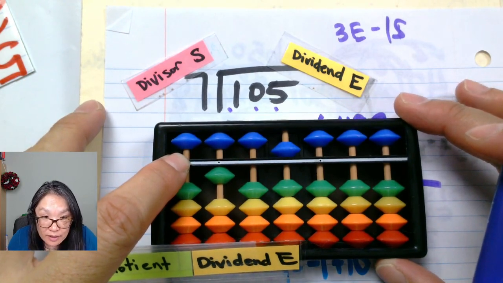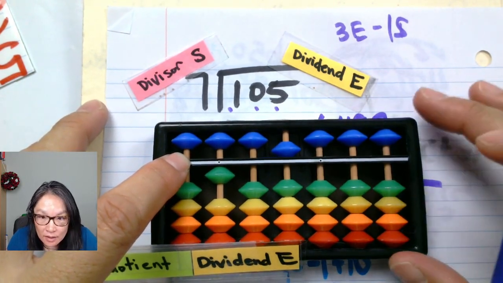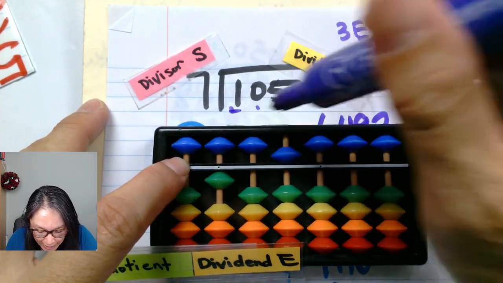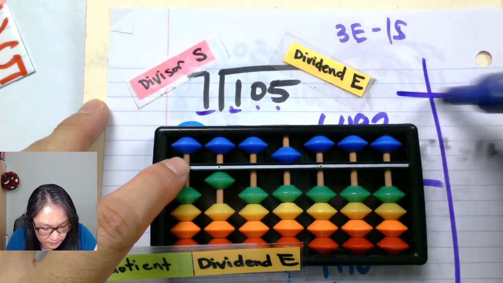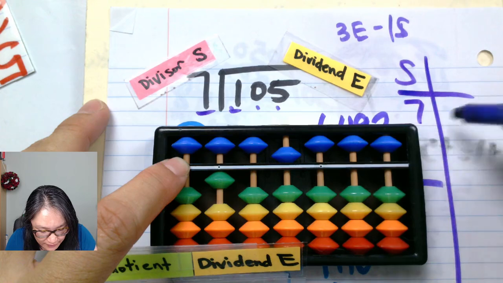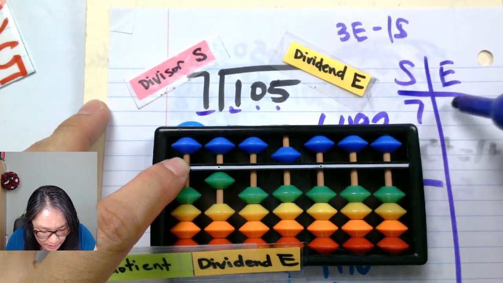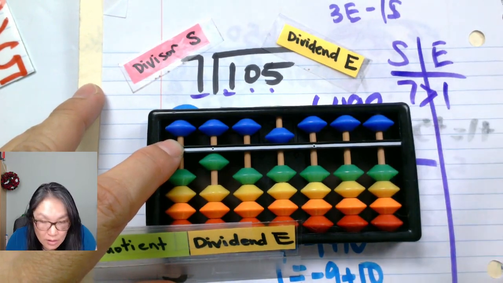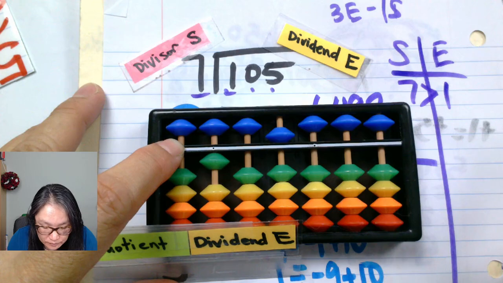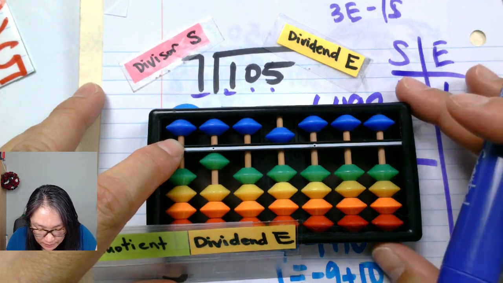And now we have to compare. We have to compare apples to apples. 1 and 7. My divisor is 7. My dividend is 1. Just as Neon Panther says, my 7 is bigger. So what does that mean?